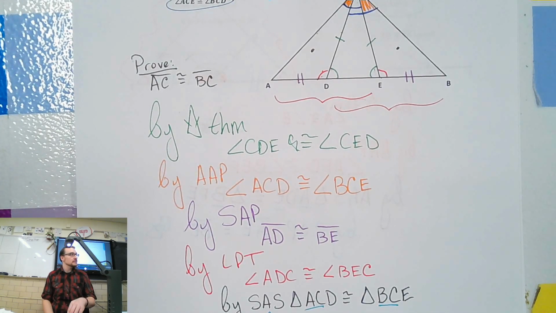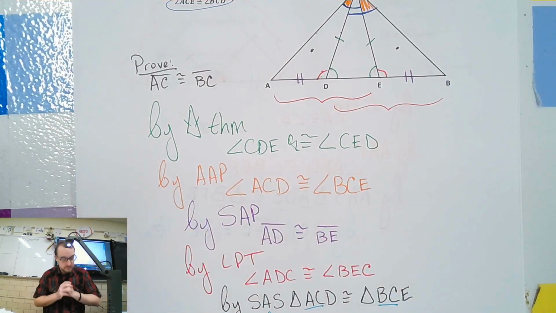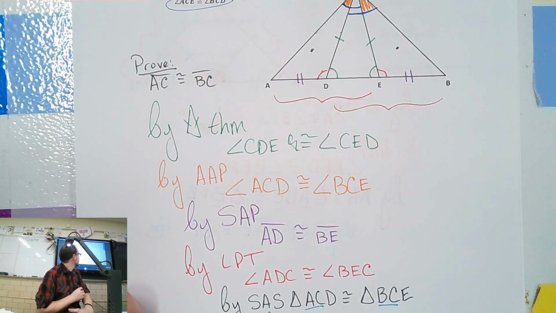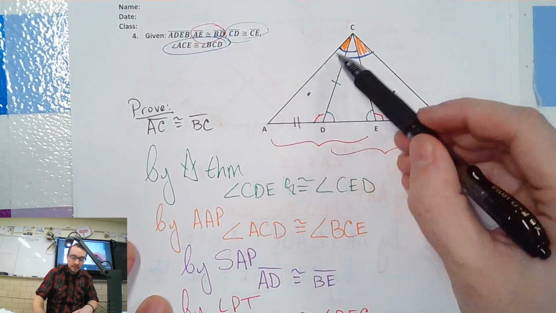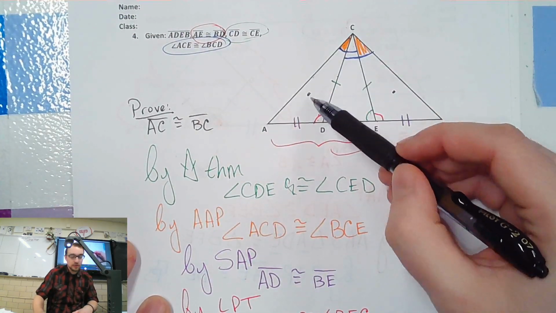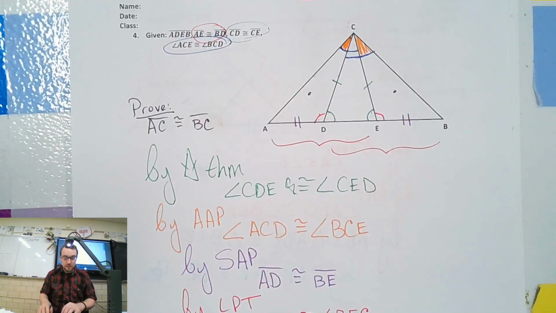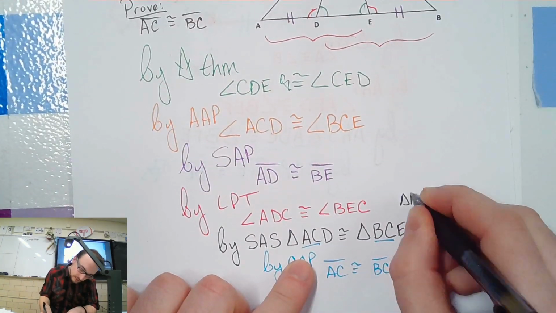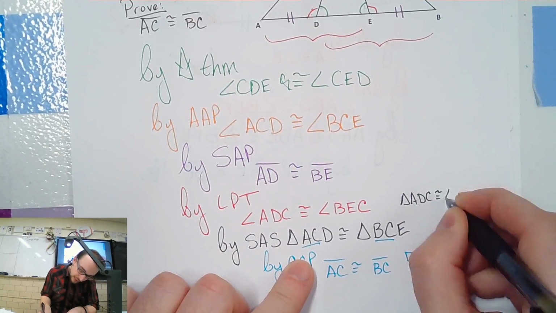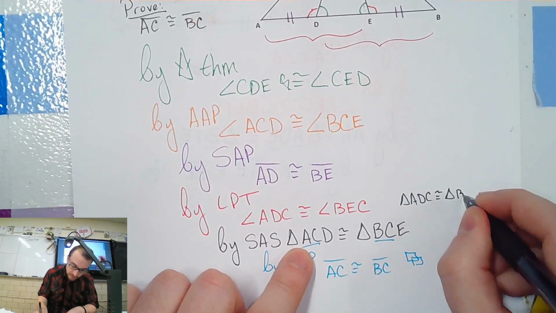Good? No. All right. I'm confused about the side angle side. Why you wrote ACD? I wrote ACD for this triangle. You could have wrote ADC. Okay, it's okay. It doesn't matter. If you wrote ADC, then you would write over here, A goes with B, right?